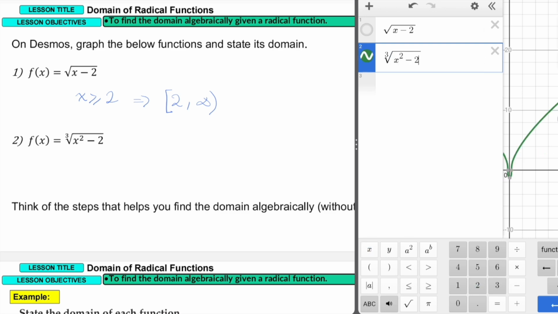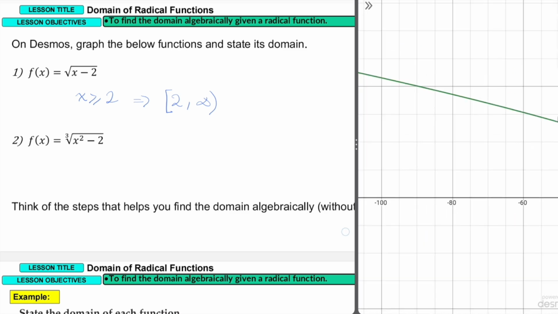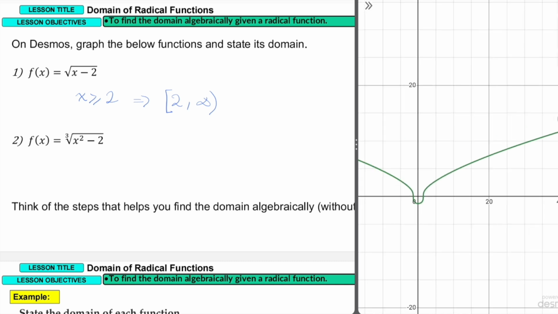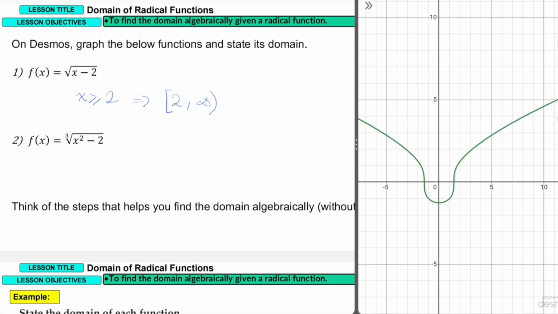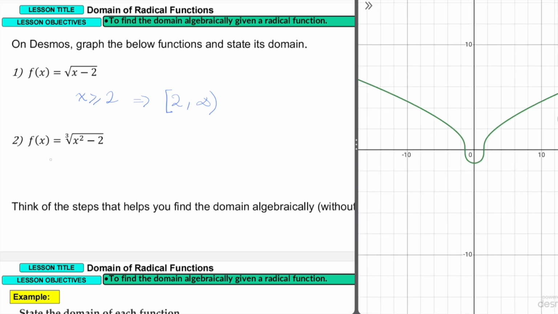In this function, graphed in green, I can see that the graph is everywhere to the left and everywhere to the right, and there are no disconnections or holes, so it's one piece. This means that it is continuous everywhere, and therefore this function has a domain of all real numbers. And how can I write all real numbers in another way? Either using the capital R with the little I next to it, representing the set of all real numbers, or I can use interval notation from negative infinity until positive infinity.